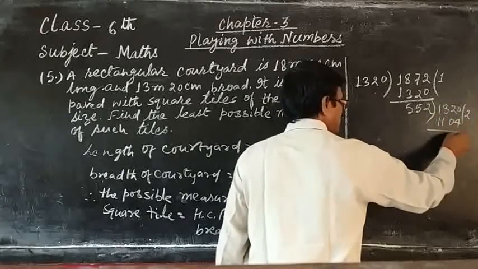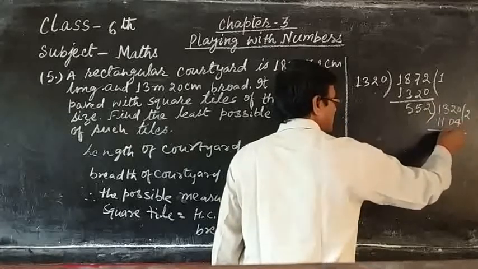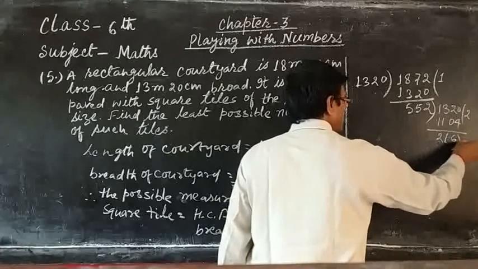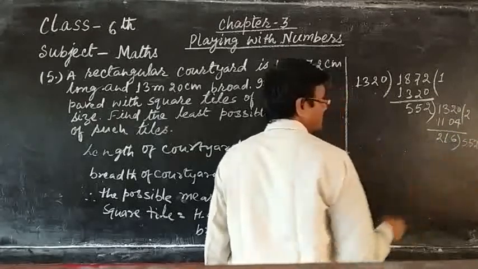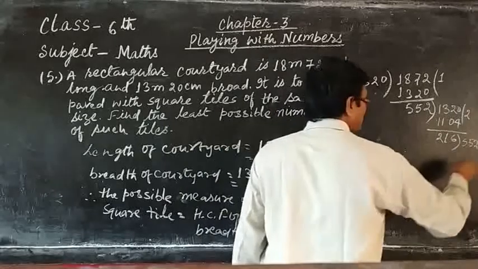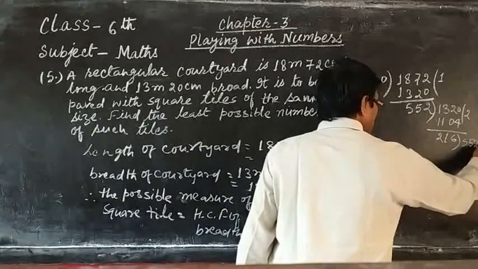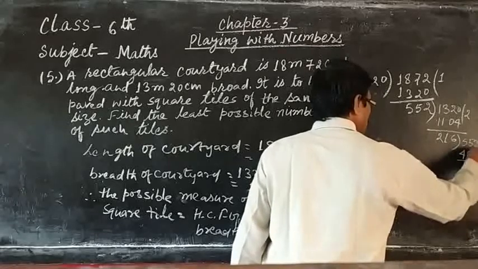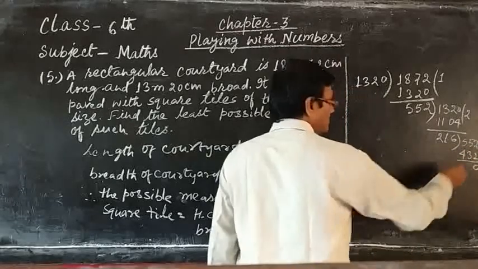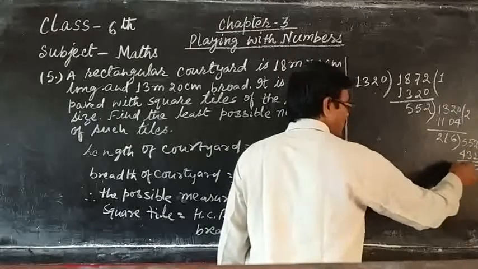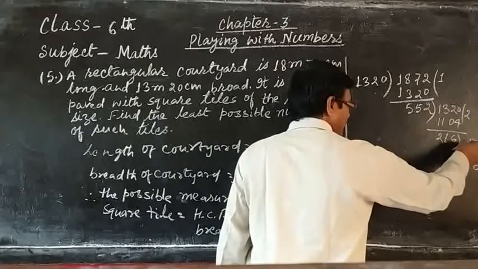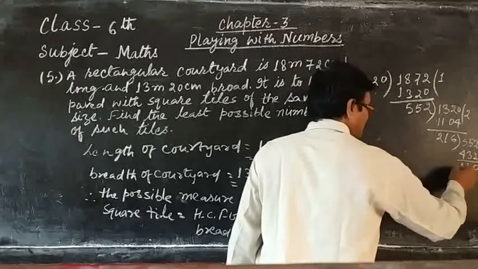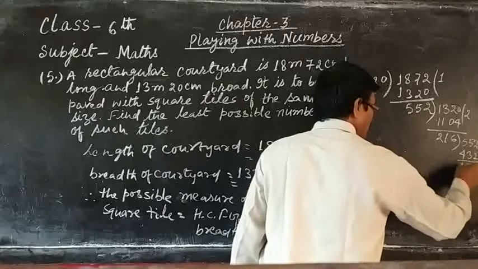Now 10 minus 4, 6, and here remainder 1 and here 2. Again 552. So we write here in 2 times 432. 2 minus 2, 0, 4 minus 3, 1, and 5 minus 4, 1, sorry 2, 120.